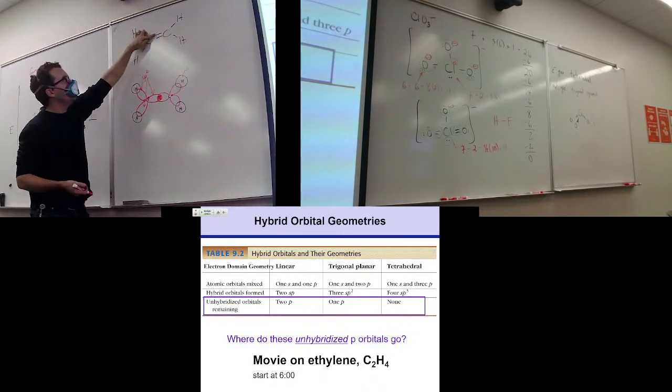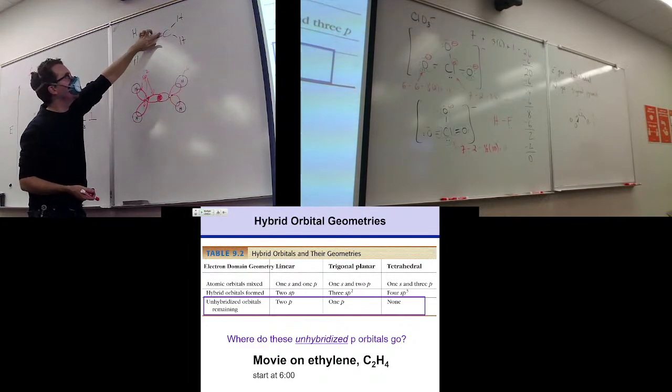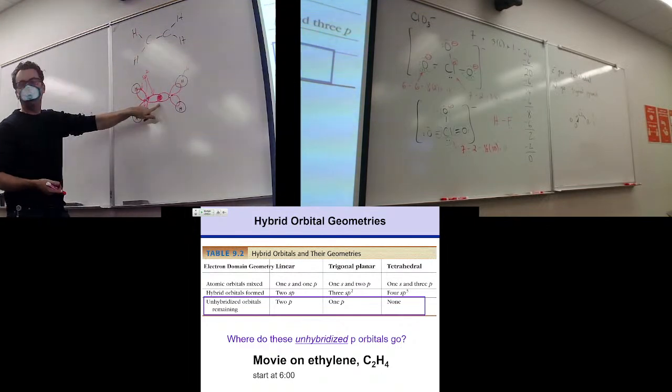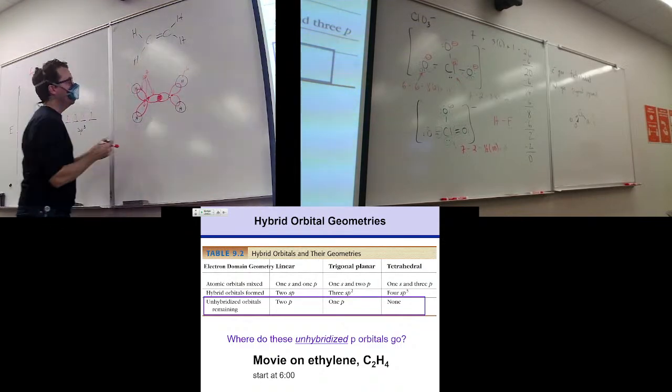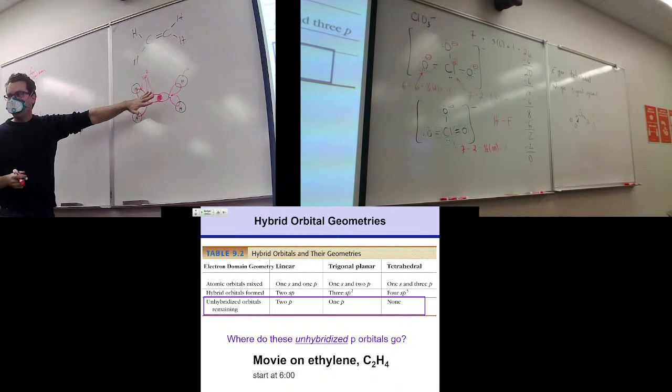Notice that there's 2 bonds between carbons. So where does the second bond come from? The first bond comes from this overlap. Well, the second bond comes from the unused p orbitals.